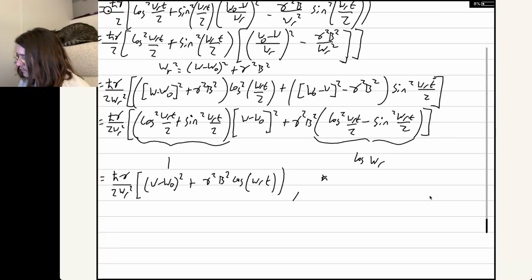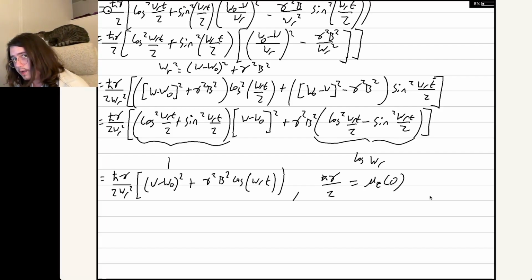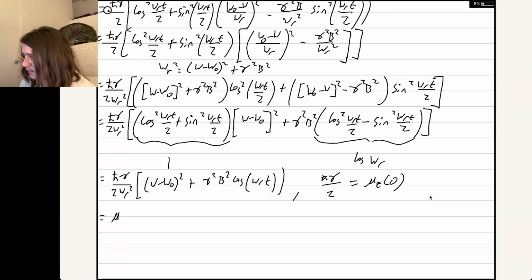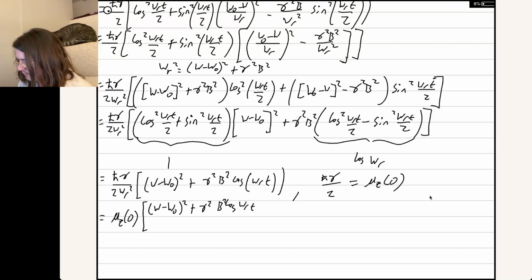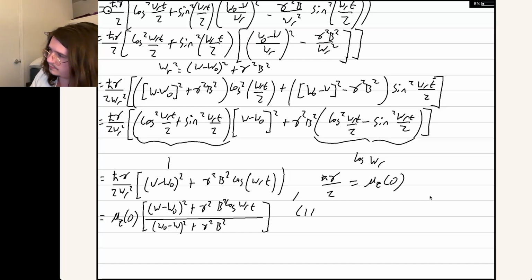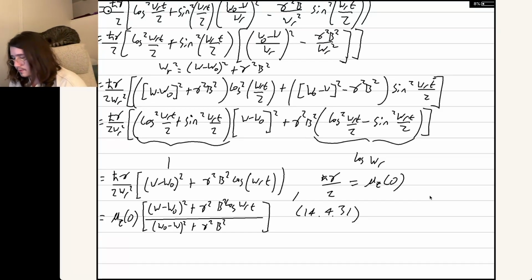Noting that the ratio h bar gamma over 2 is equal to the initial magnetic moment of our particle, we can write the prefactor as mu_z of 0, and then expand the omega_r squared again, defined as omega naught minus omega squared plus gamma squared b squared. And that is equation 14.4.31 from Shankar, so it's good. Yeah, long problem.